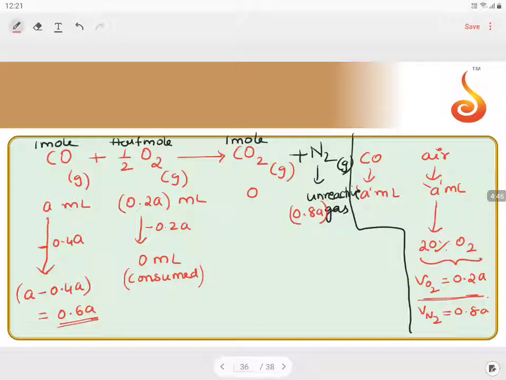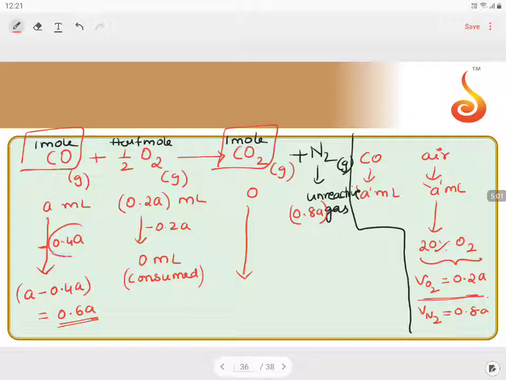Now, what is the carbon dioxide formed? For every mole of carbon monoxide, 1 mole of carbon dioxide is formed. That means as much carbon monoxide as reacted, that much carbon dioxide is formed.